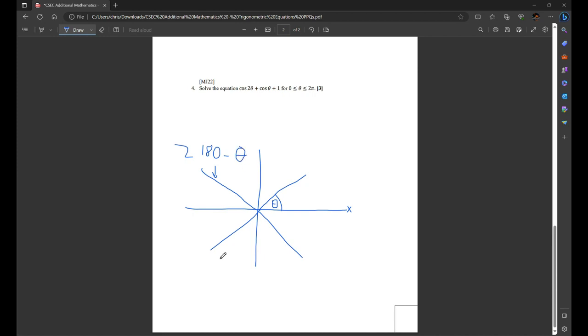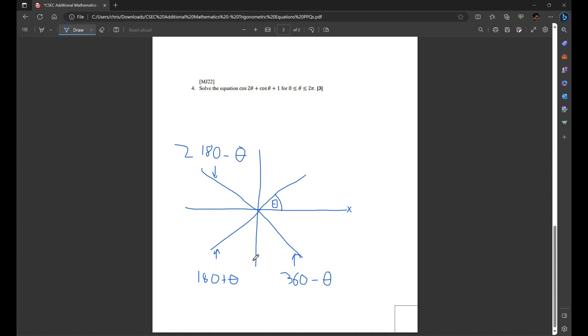And if I want to get this angle, it's going to be 180 plus theta. And then if I want to get this angle, it's going to be 360 minus theta. So these are the formulas to calculate the angles.